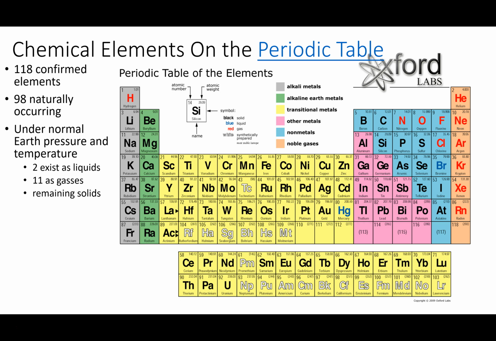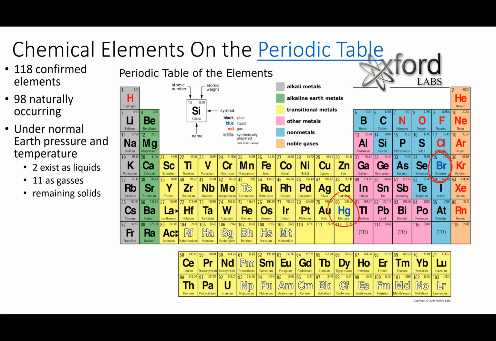Can you find the 2 liquids? And what elements are they? Br, very good. Br, bromine, that's a liquid. And mercury, Hg, yep, those 2 are liquids.